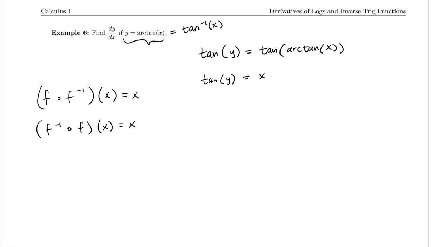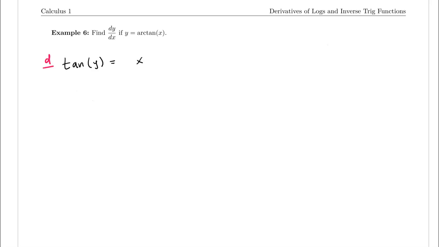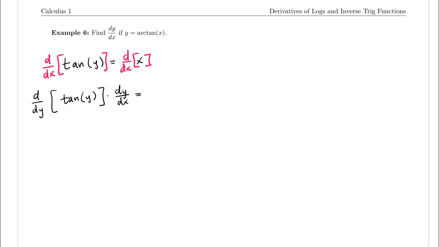Let me clean up the screen a bit. All right, so at this stage, I would like to take the derivative with respect to x of both sides of my equation. And on the left-hand side, we will need to use chain rule and make this the derivative with respect to y of tangent of y times dy dx, and this is equal to the derivative of x with respect to x, which is 1.